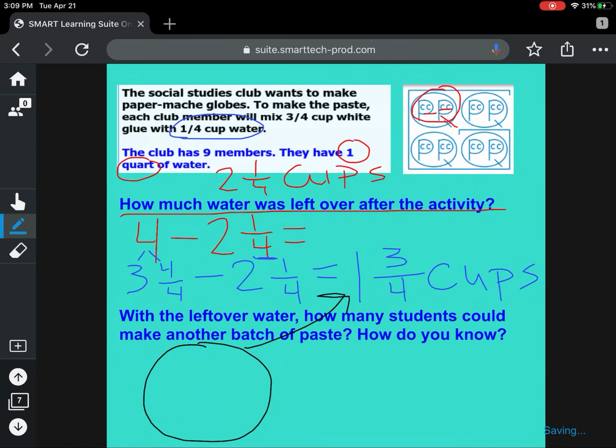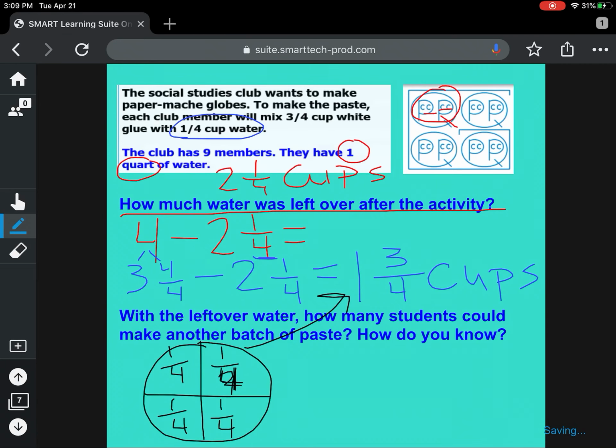This is where I might make myself a drawing. This first circle represents the whole, or the 1. And we're wanting to see how many fourths are in that whole. So I would divide my 1 up into 4 equal pieces. And each one would represent 1/4. So there's 1/4, 2/4, oops, let me change that to a 4, 3/4, and 4/4.